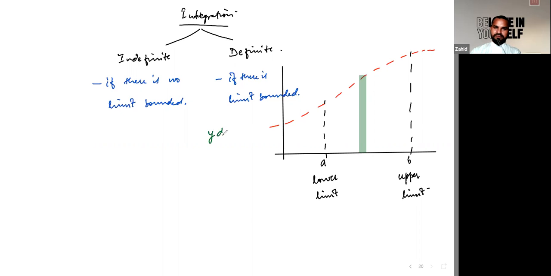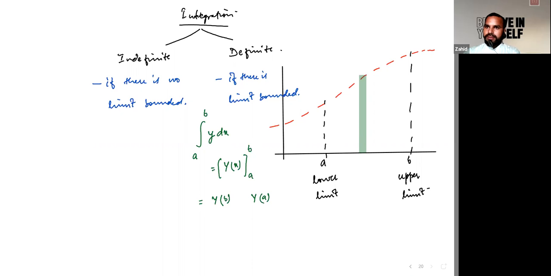Let's say you have integration of y dx extending from a to b. So if you integrate this, you will get y times x with limits a to b. Now, if you put the value of x to be b as upper limit, you will get y times b. Now, again, if you put the value of x to be a, you will get y times a.